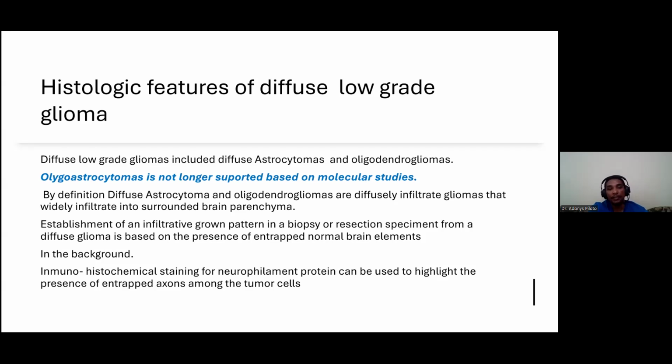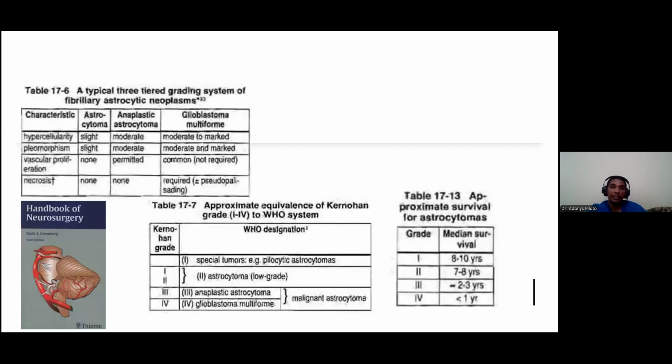Establishment of an infiltrative growth pattern in the biopsy or resection specimen from a diffuse glioma is based on the presence of entrapped normal brain elements in the background. Immunohistochemical staining for neurofilament protein can be used to highlight the presence of entrapped axons among the tumor cells.